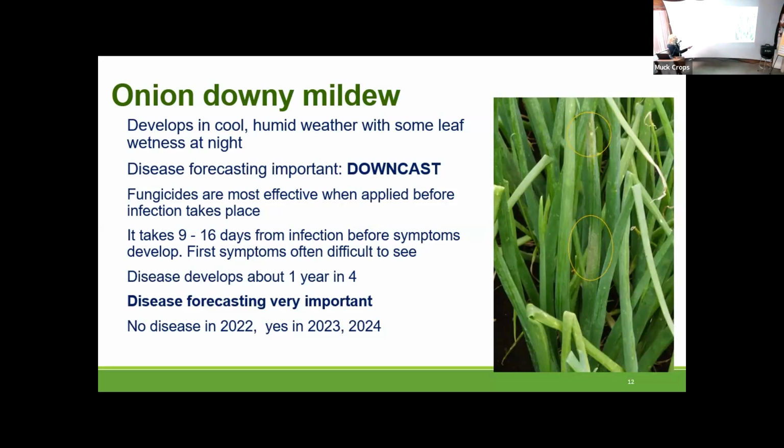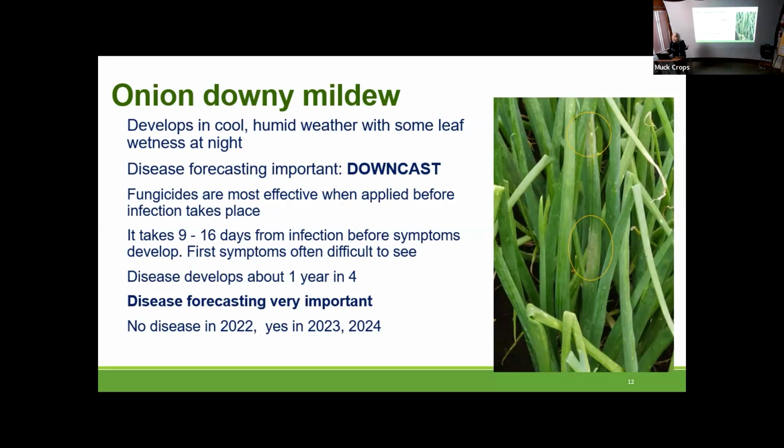It can be really difficult to see those first signs of sporulation on onions in a field. And when we do see them, we know that infection actually took place 9 days to over 2 weeks before that. So that means you really had to put the fungicide on even before you see the symptoms.